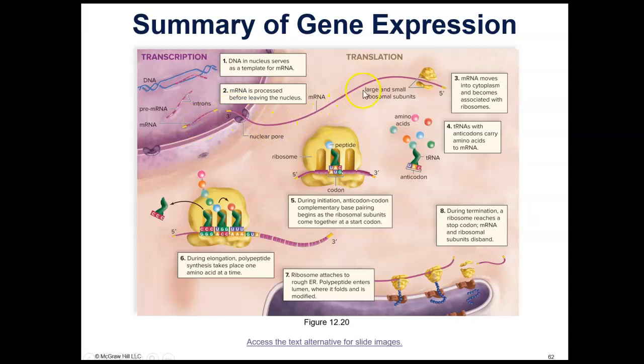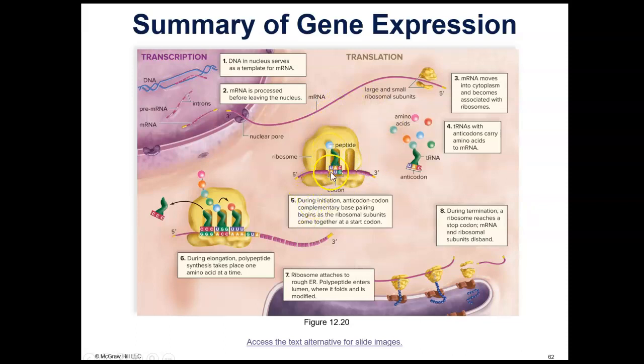Messenger RNA leaves the nucleus and finds a ribosome. And step 4, transfer RNAs with anticodons come in and match up with their complementary codons on the messenger RNA, and they transfer amino acids to the ribosome.